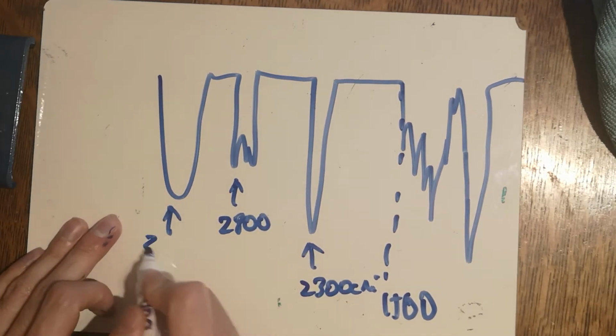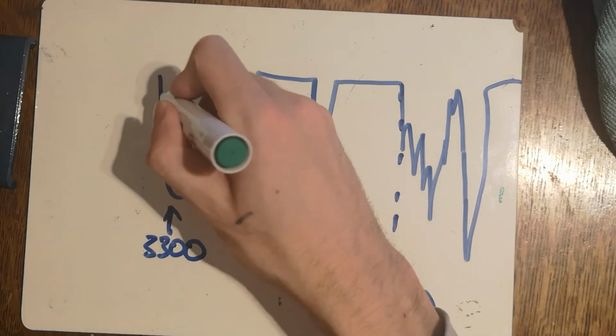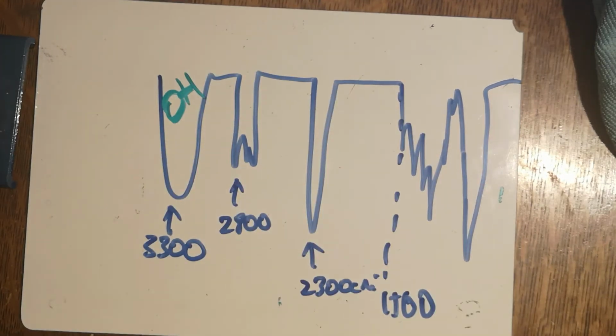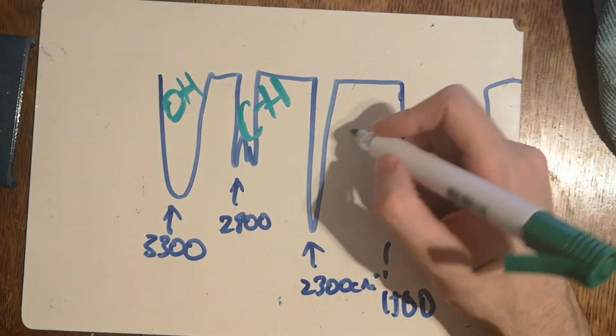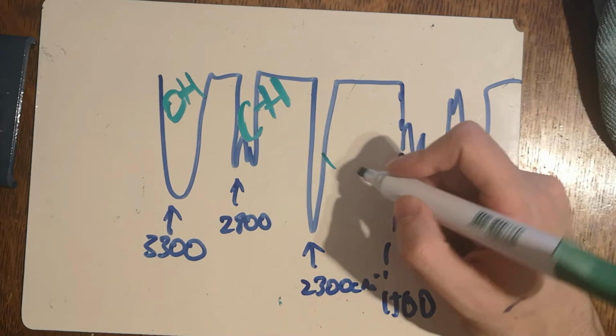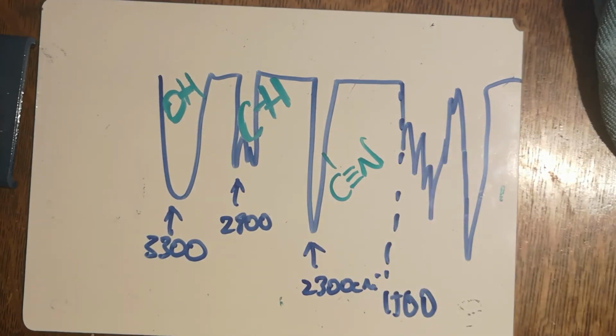A nice broad one at 3,300. So definitely an OH. I suppose it could be an NH. Definitely a CH. And then here, this is the big clue one that we looked at, 2,300. Can only be the C triple N.